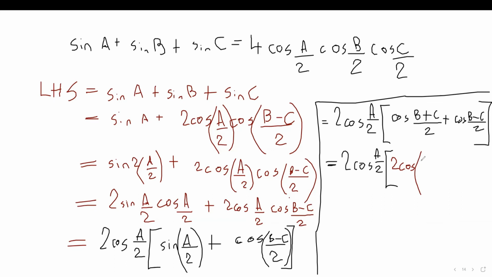That's how we get half the sum, twice the cos of half the sum. Close that. Then multiply it by the cos of half the difference.